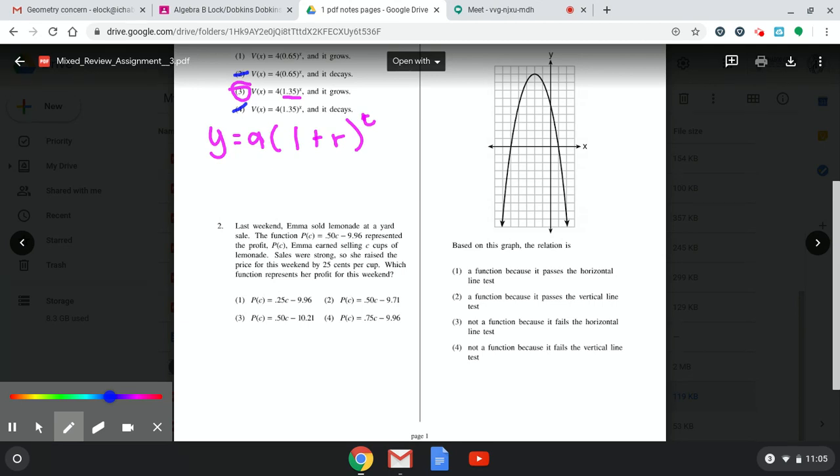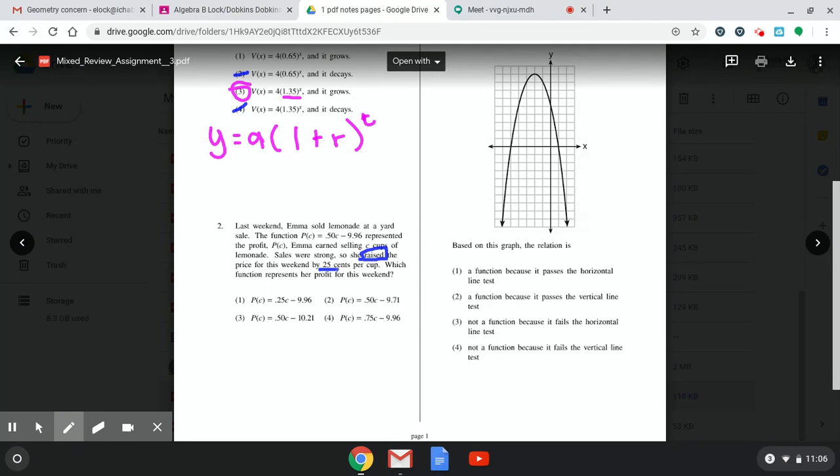Sales were strong, so she raised the price for this weekend by 25 cents per cup. Which function represents her profit? So a couple keywords there are going to be raised by 25 cents. So we know that it's going to go up by 25 cents. Which function represents her profit for this weekend?